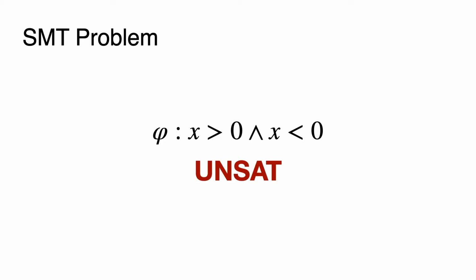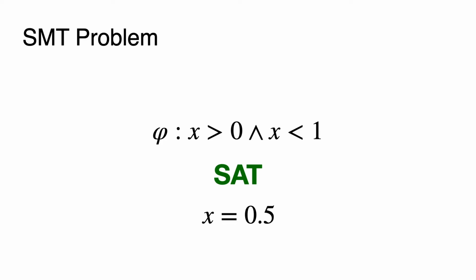For this formula phi, since we cannot find an assignment for x that makes phi true, phi is unsatisfiable. But if we change the last 0 to 1, the new formula is satisfiable, since x equals 0.5 is a satisfying assignment.